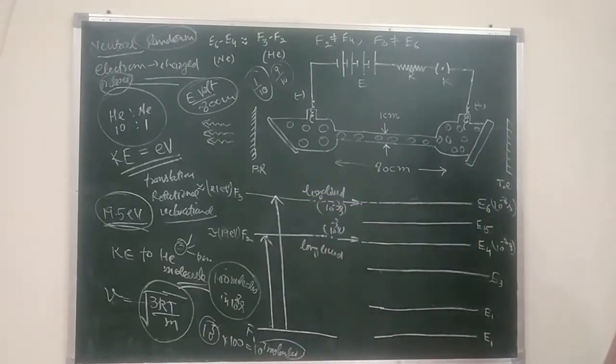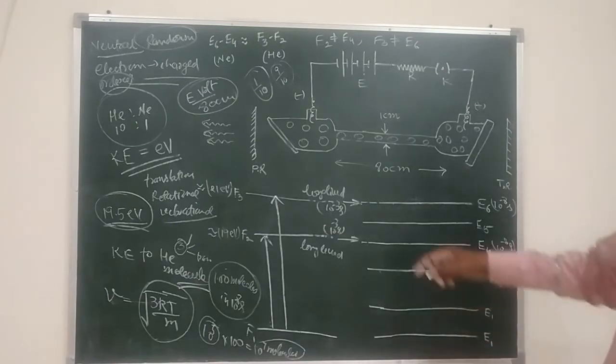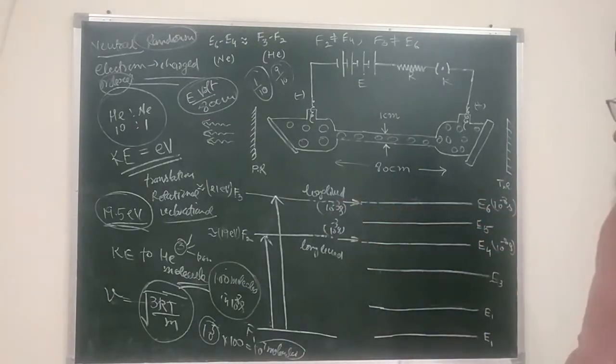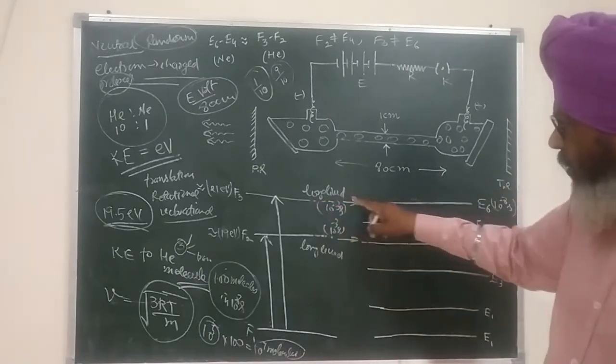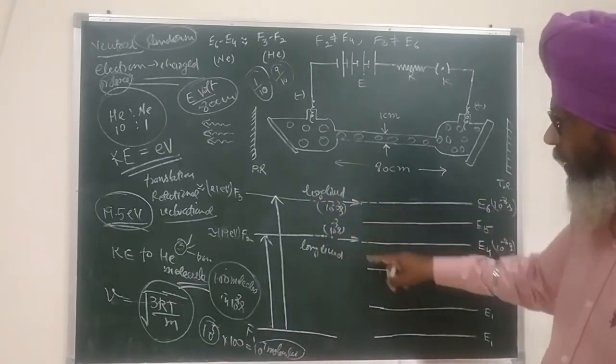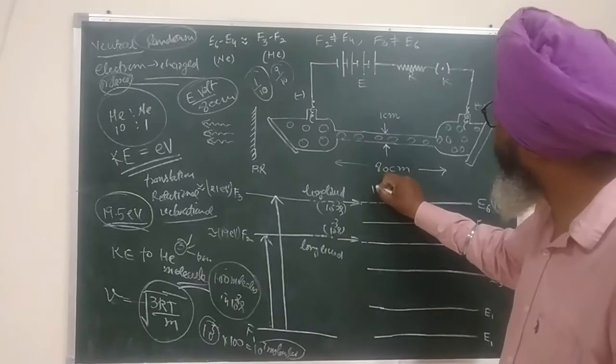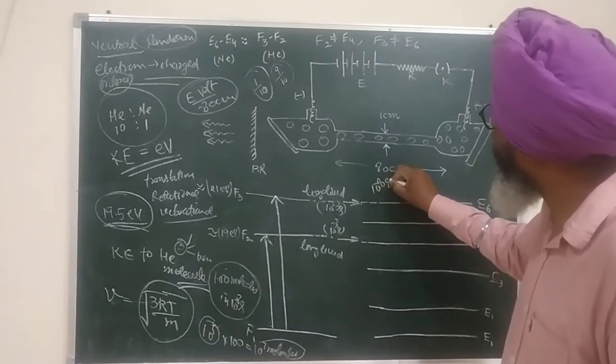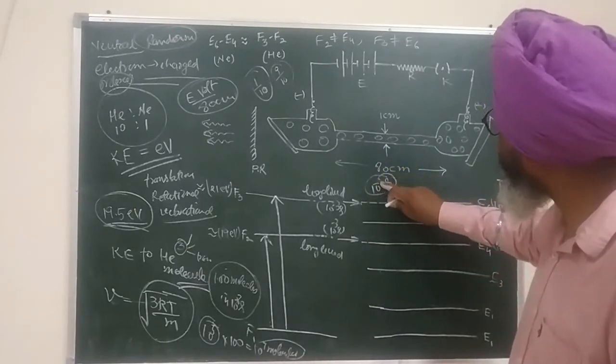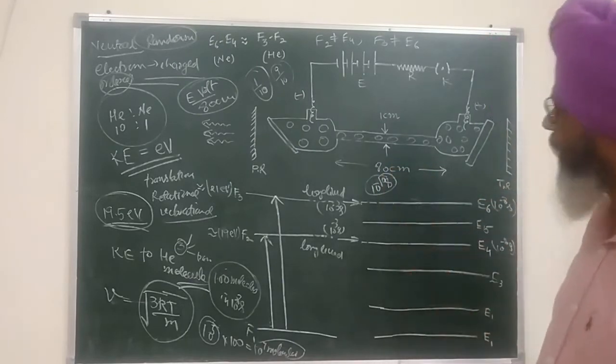So what is the benefit of this? The transfer of energy due to collision between two gas molecules can happen in a time which is less than 10 raised to power minus 8 seconds, or even less than 10 raised to power minus 10 seconds.